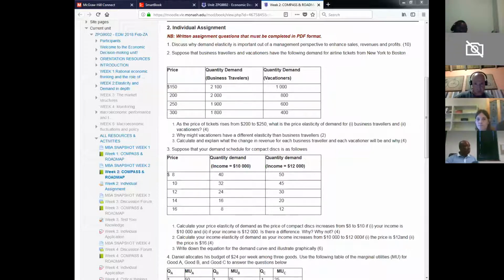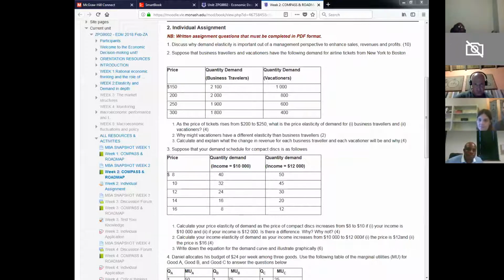It is all the business travelers. That revenue for each means what is the revenue for business travelers and each vacationer. So you have to take what is the change in the quantity demanded? It dropped from 2,000 to 1,900. It is 100. Am I right? So now you have to go and work out what the revenue was before and what the revenue was afterwards.